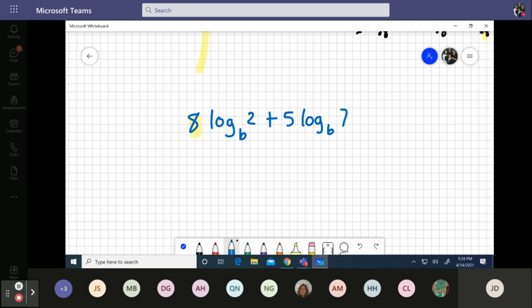So as a single, I'm going to be moving those exponents back up.